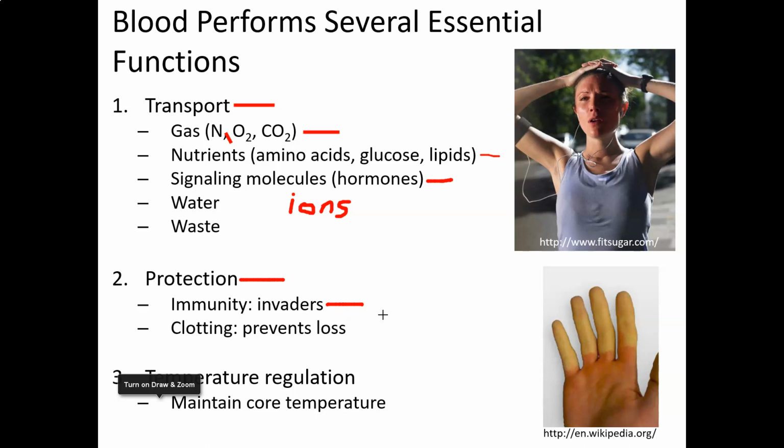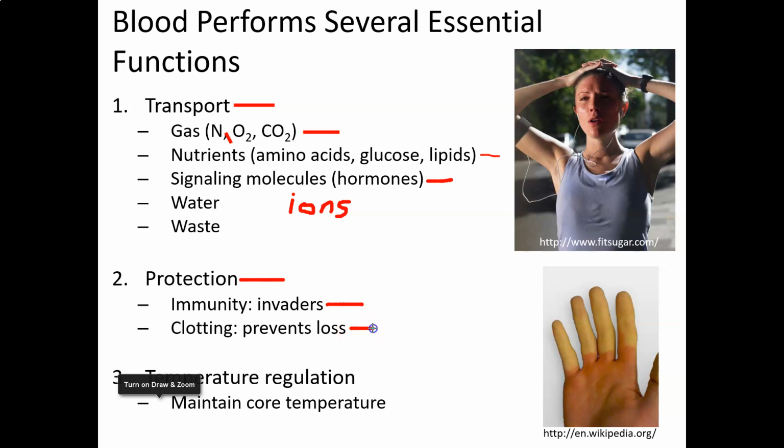And part of that is the immune system. Not all of our immune system is in the blood, but certainly the white blood cells and various proteins that are dissolved in blood are important in terms of immunity.